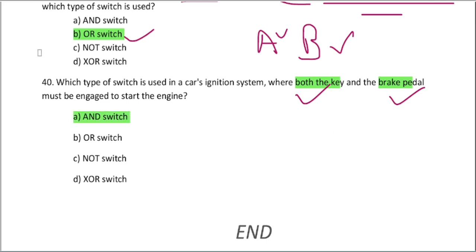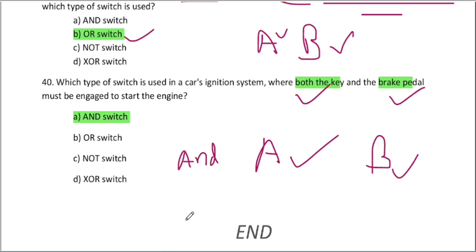If you don't turn on the key, you can't start the car. If you don't use the brake pedal, you can't start the car. You have to fulfill these two requirements at the same time.